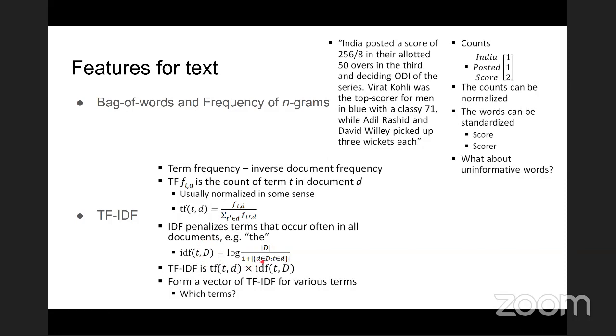So here document means, for example, the paragraph. So here you would take the inverse of the document frequency. So if the term appears too many times in all the documents, then you will get a smaller value, and it will de-emphasize the term frequency. If it is a rare word, then it will emphasize the term frequency more.